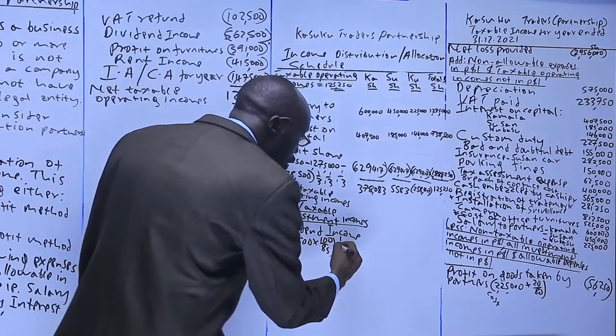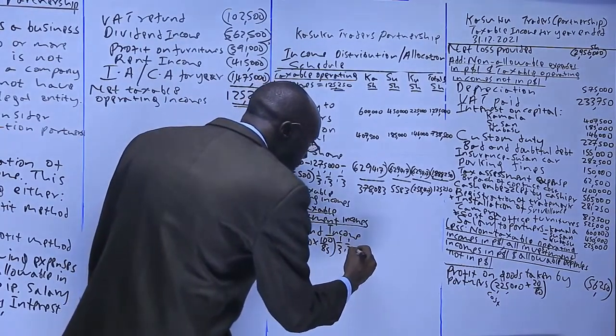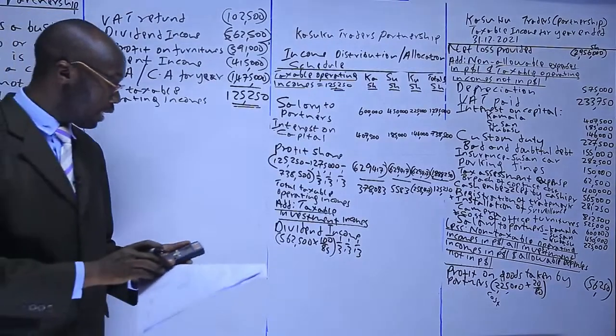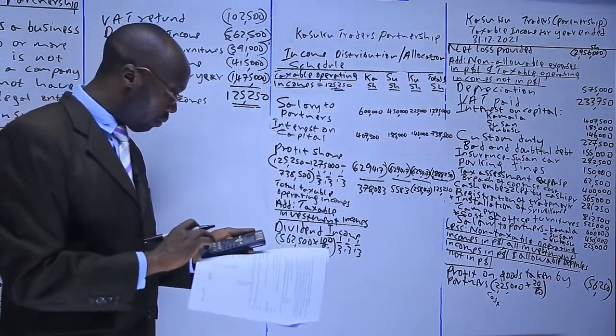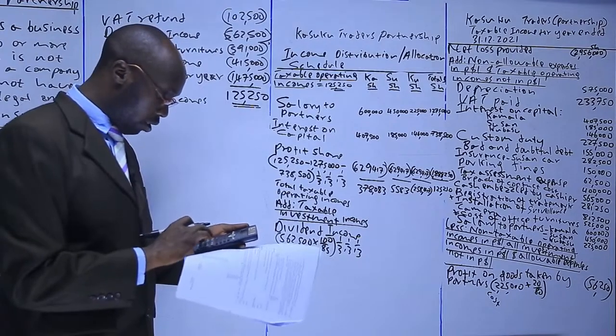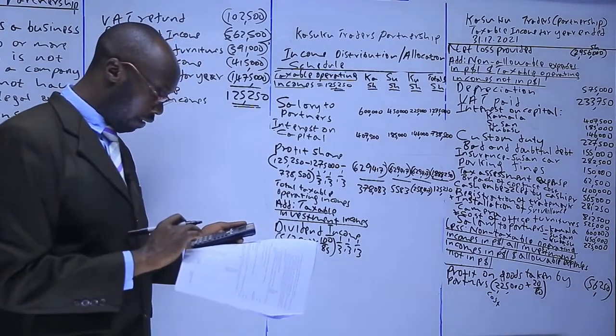And then profit sharing ratio, each was to get a third. So it will be 562,500. We multiply by 100, divide by 85.